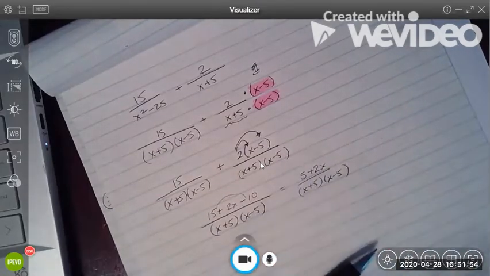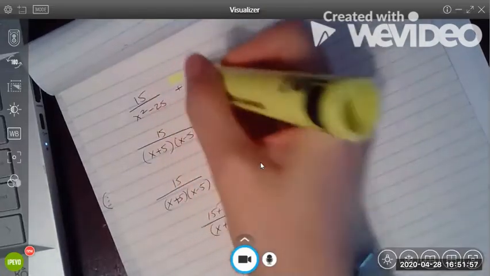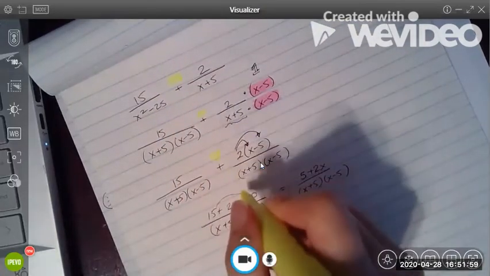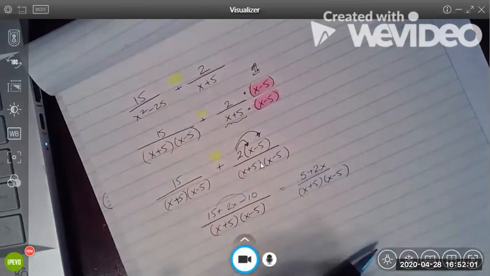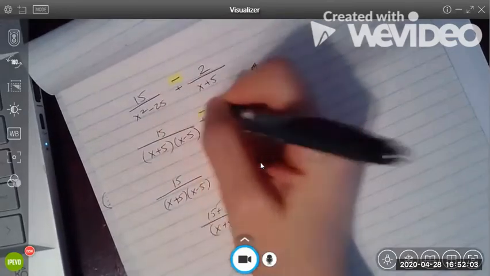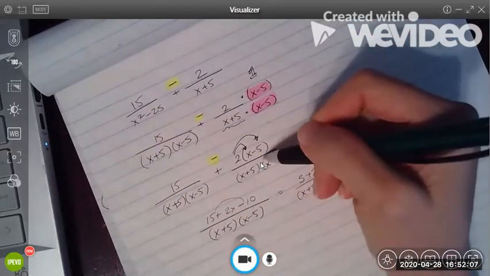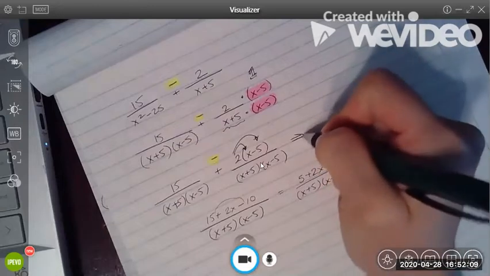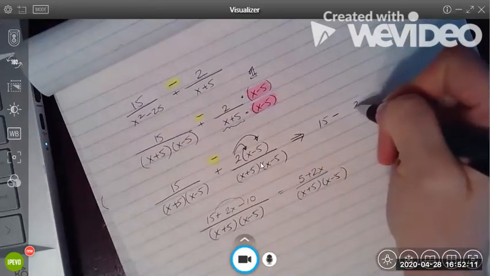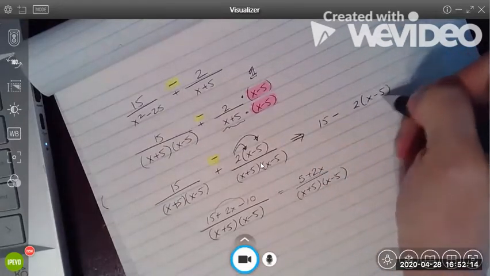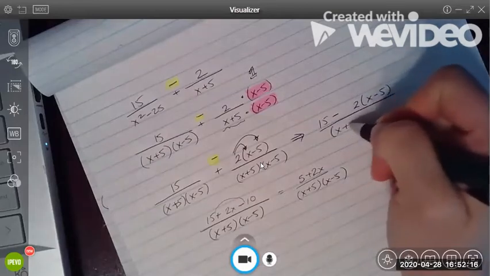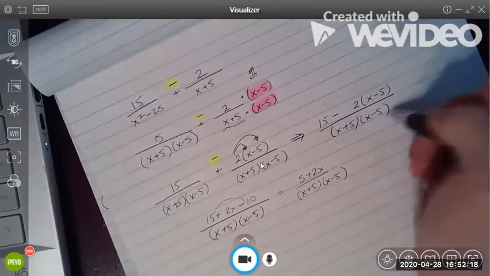Now I'm a little bit lazy, so I'm going to stick a minus sign in each of these problems to see where it goes differently. So minus is my second problem. Everything here is basically going to be the same, but on this step it's going to be 15 minus 2x times x minus 5 over x plus 5, x minus 5.